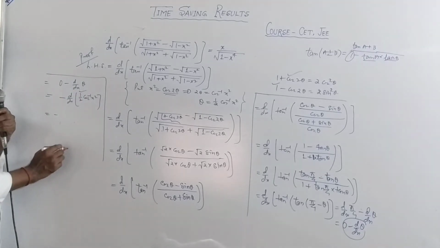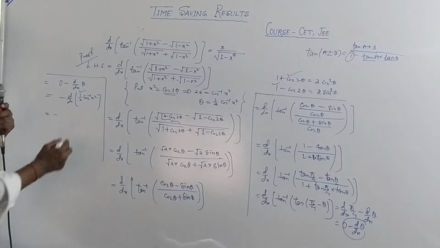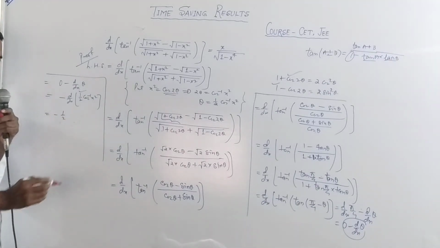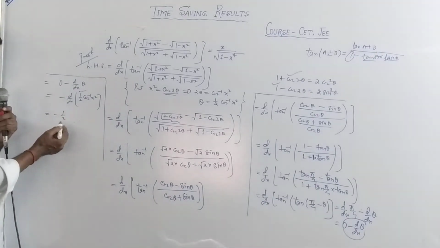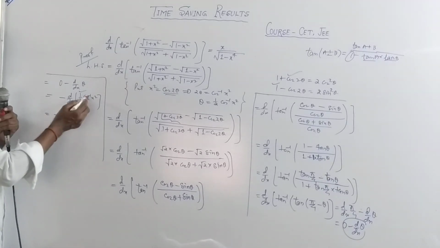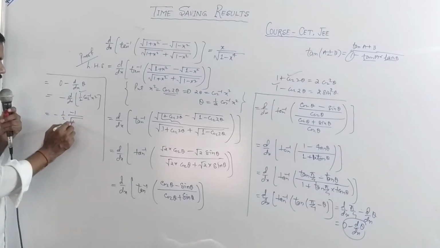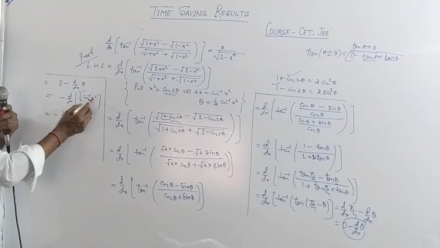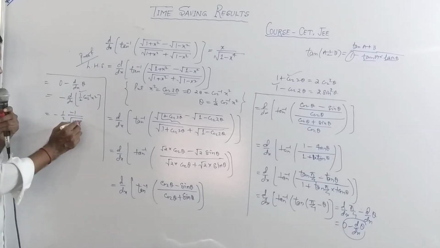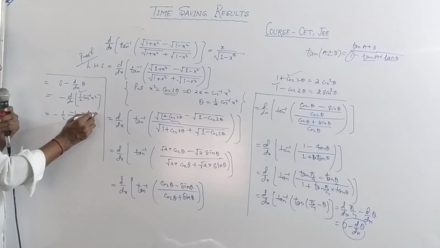The derivative of any constant with the function, the constant term can be written separately outside of the derivative. Then 1 by 2 d by dx of cos inverse x. We know that the derivative of cos inverse x is minus 1 upon under root of 1 minus x square. Square of x square is x to the power 4, into d by dx of x square.